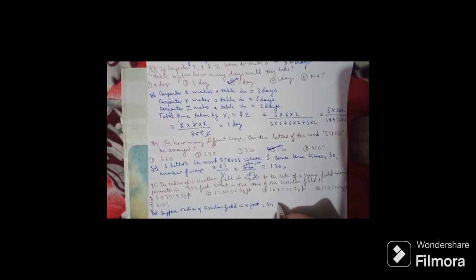So r equals 784 upon 4, that is 196 feet.